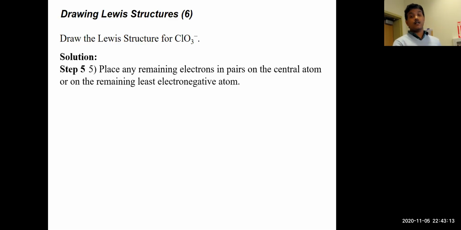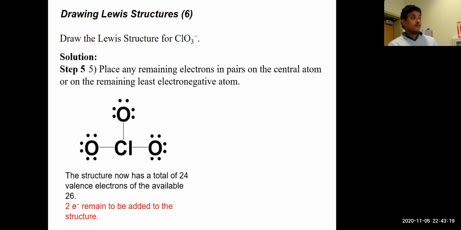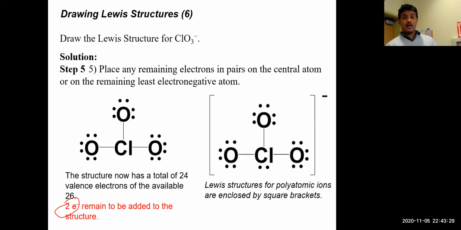You are left with 2 remaining electrons here, and the central atom only has 6 electrons currently with 3 bonds. So, as step 5 says, the central atom gets the lone pair, and it has a total of 8 electrons as a result. So step 5 is satisfied. You did what you're supposed to do in step 5.